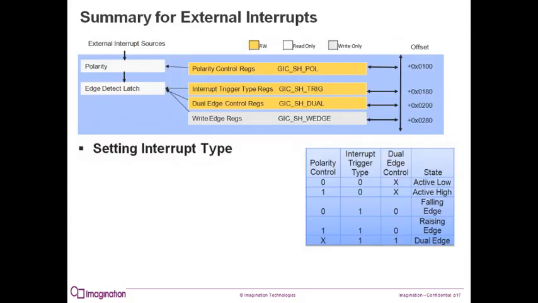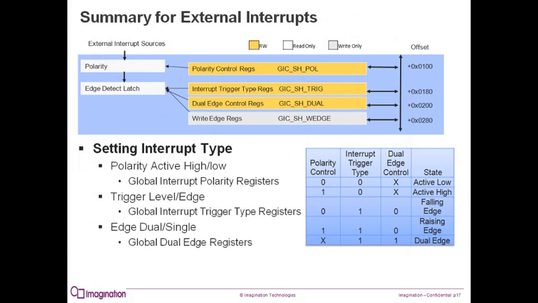In summary, I have shown you how to set up the interrupt type by using the global polarity, trigger, and dual edge registers, and how to send and clear interprocessor interrupts using the write edge register.